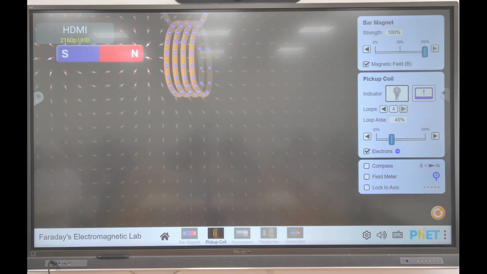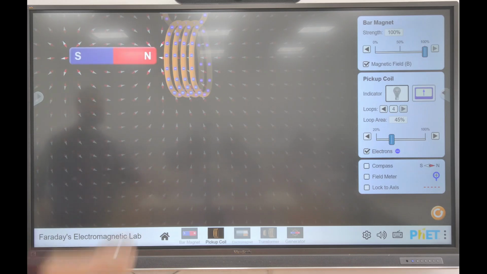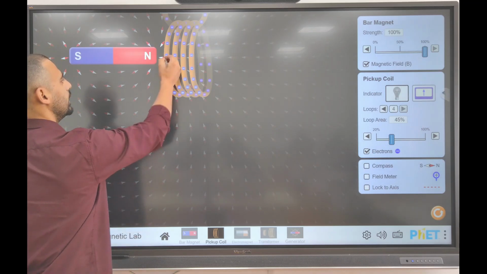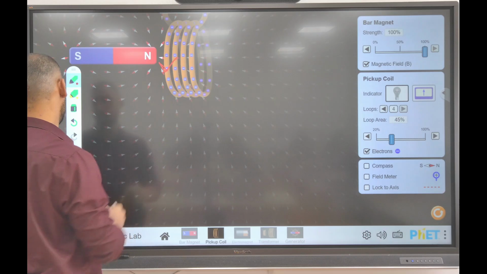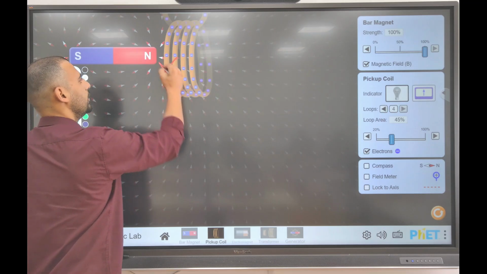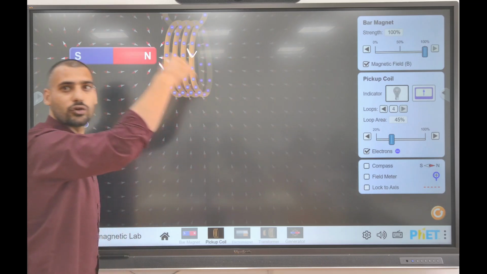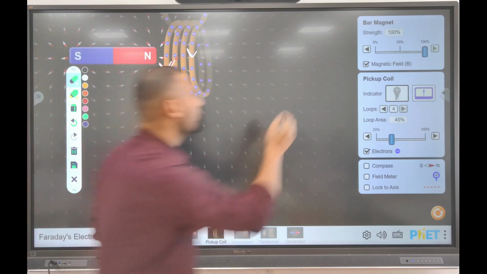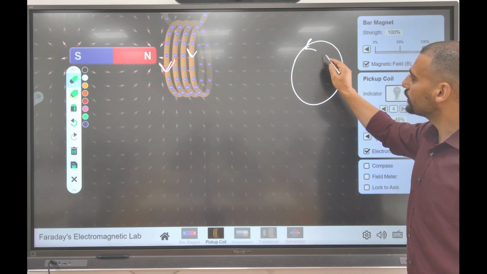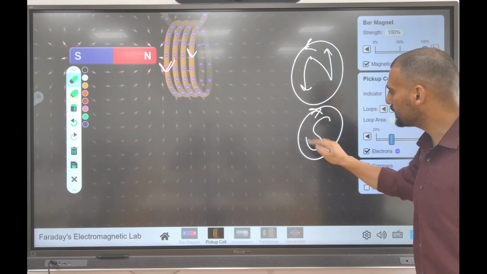When the north pole is coming closer, the electrons are moving like this, yes? Which direction is it? They're going like this, right? So it is the anti-clockwise direction, isn't it? So remember, I just showed you, if this is anti-clockwise, that means north, and if it is clockwise, then it is south.